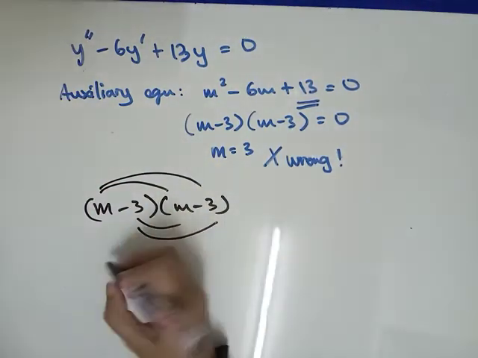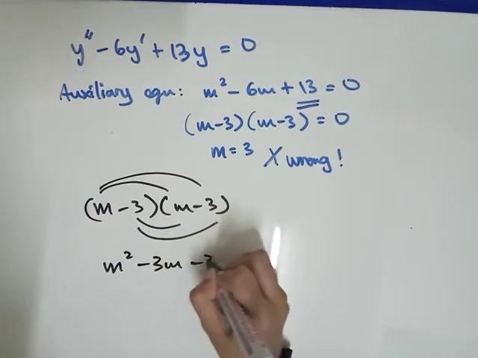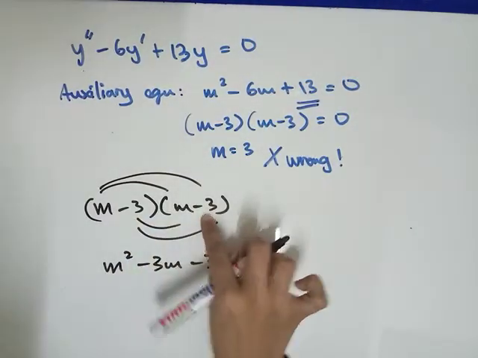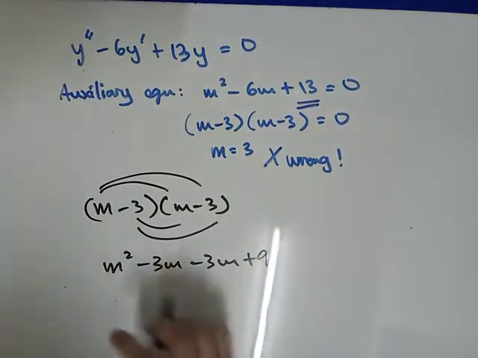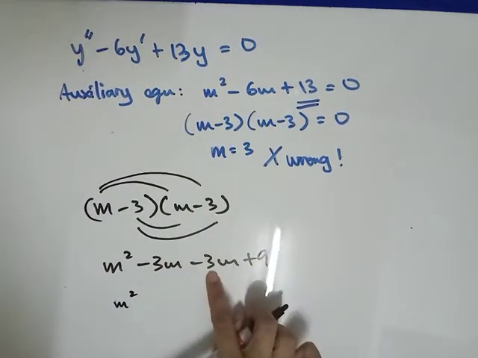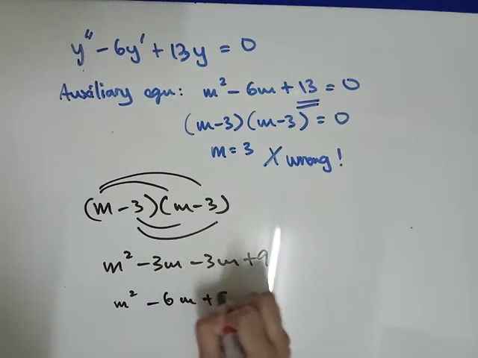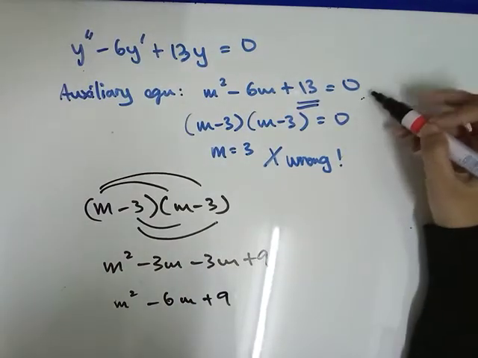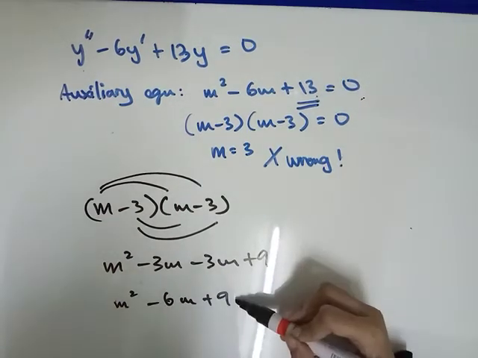Okay, m times m you get m square minus 3m minus 3m. Negative 3 times negative 3 we get positive 9. So m square negative 3 minus 3 we get negative 6m plus 9. Sama tak dengan ini? Tak sama kan? Because this one is 13, this one is 9.